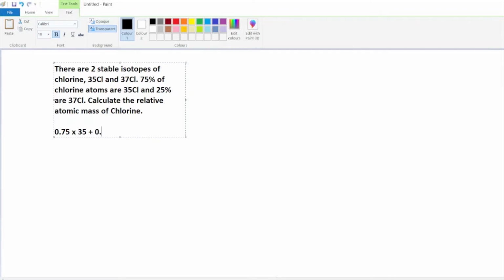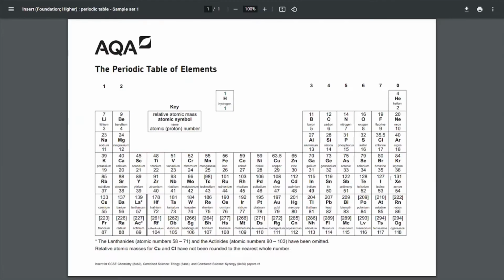So we're going to add that to 0.25 times the 37Cl, because that only comes up 25% of the time, and that comes out to 26.25 plus 9.25, which ends up coming out to 35.5.